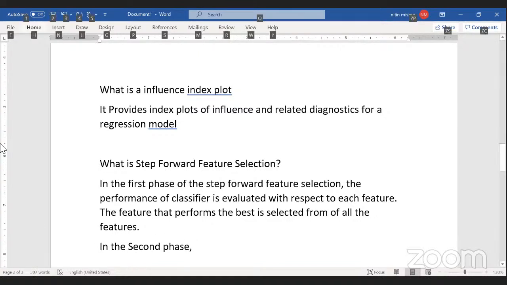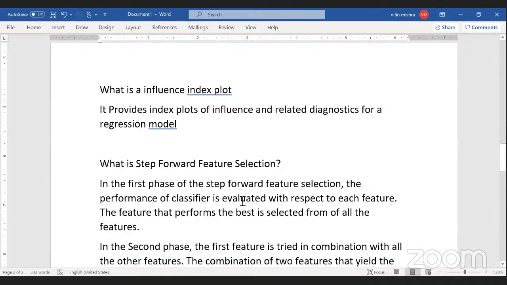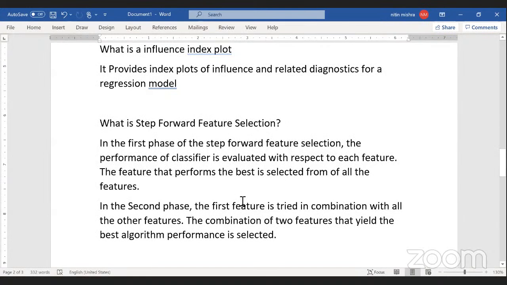In the second phase, the first feature is tried in combination with all the other features, and the combination of two features that yields the best algorithm performance is selected. So first we take one by one, and every single one of them, that is the keyword, we are looking at and evaluating.